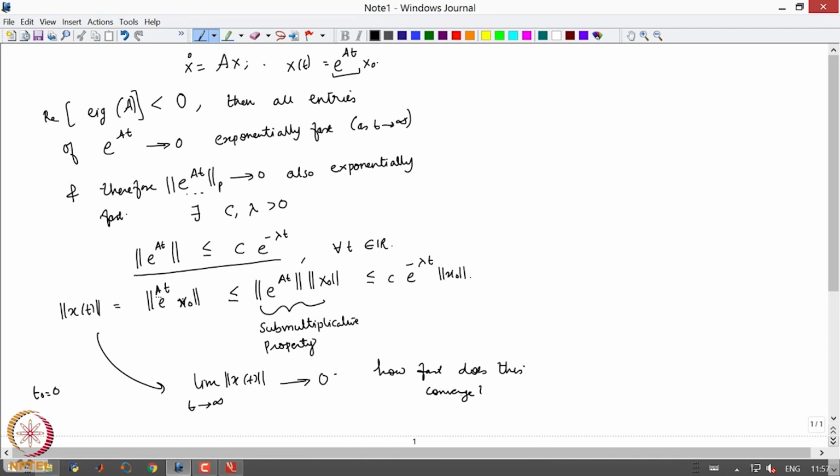Even before I ask how fast, this already tells me that the system is asymptotically stable.